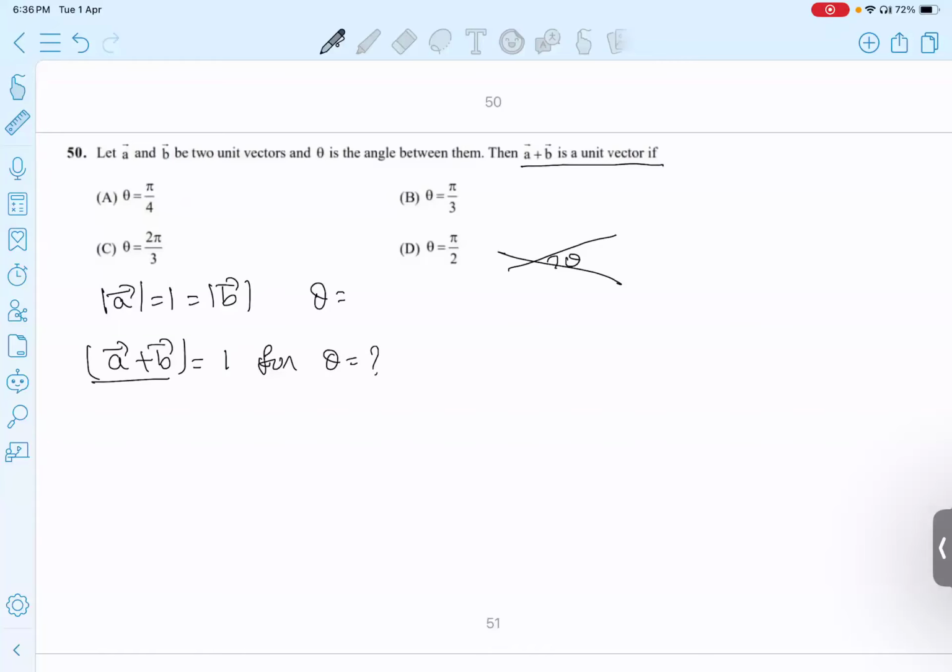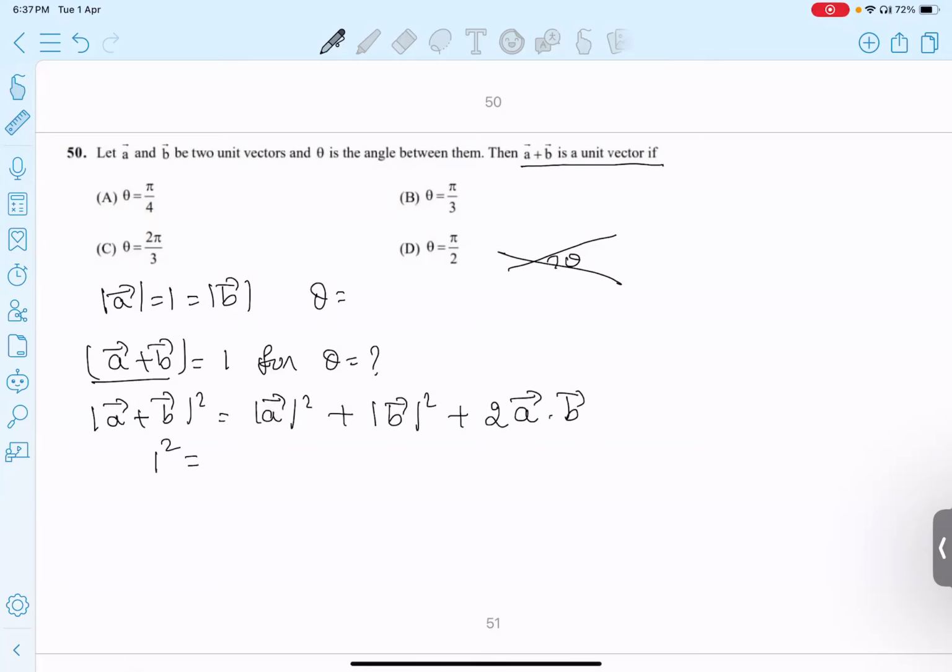I taught you just now, A vector plus B vector whole square is equal to magnitude of A square plus magnitude of B square plus 2 A vector dot B vector. Magnitude of A is 1, this is also a unit vector, plus 2 times magnitude of A, magnitude of B into cos theta.